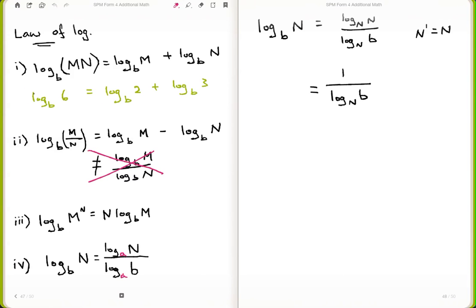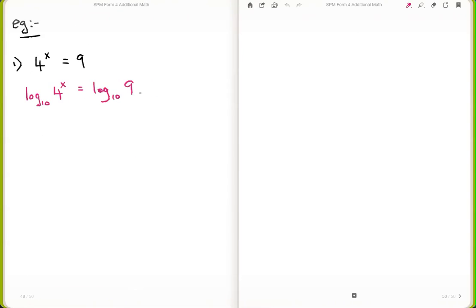When there's a power, all you need to do is bring this power to the front, here. So you bring x to the front. x log 10 4 is log 10 9. So therefore x is, you put in the calculator.